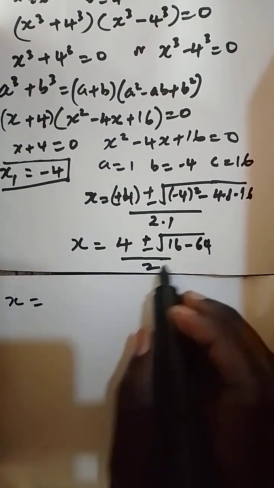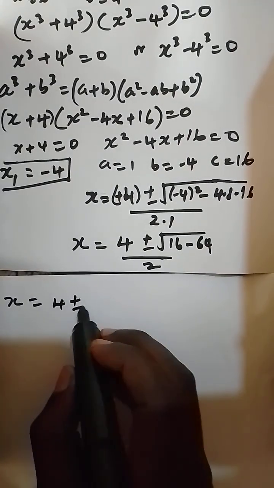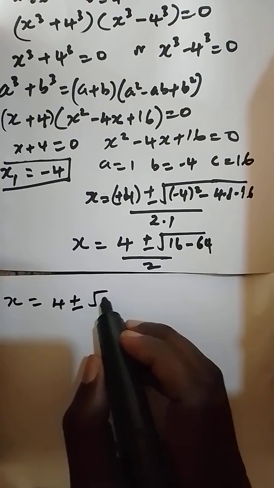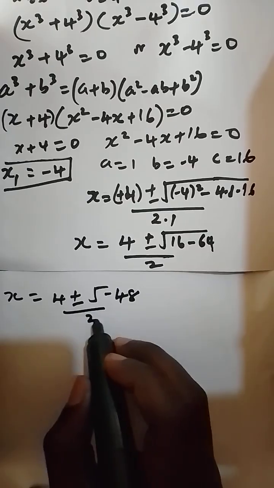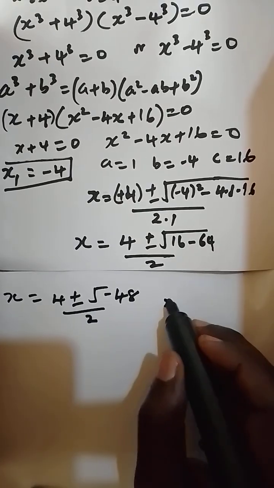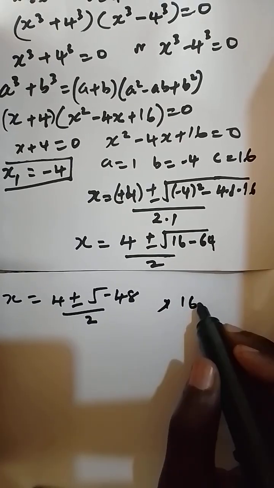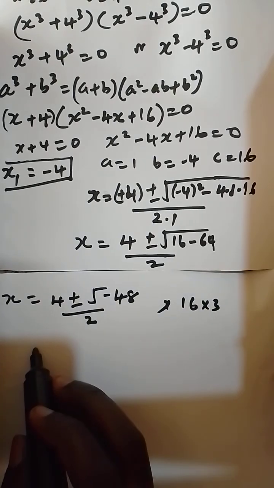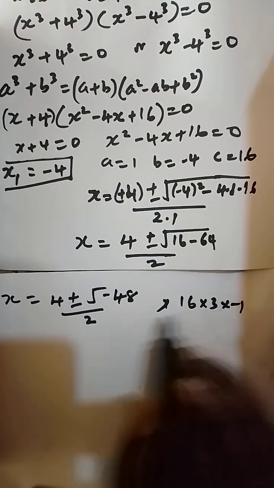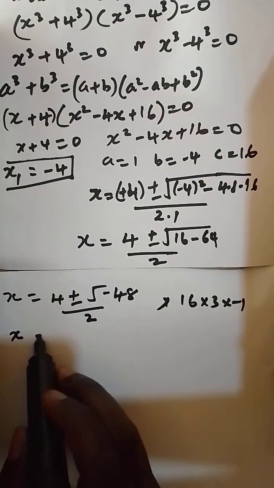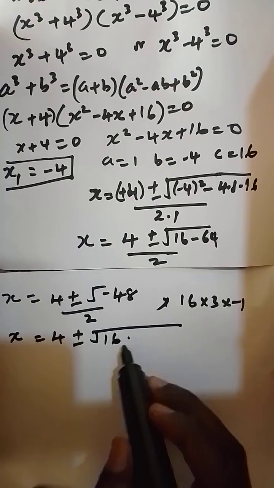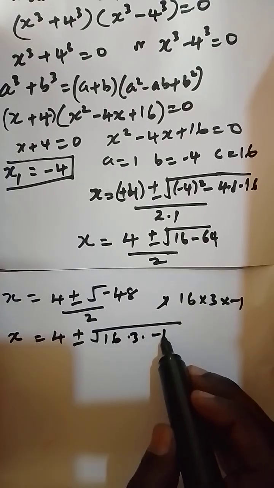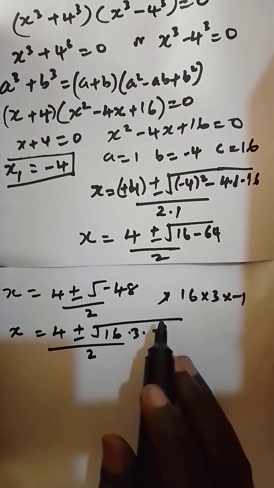x becomes 4 plus or minus the square root of negative 48, divided by 2. Negative 48 can be written as 16 times 3 times negative 1, so x becomes 4 plus or minus the square root of 16 times 3 times negative 1, divided by 2.